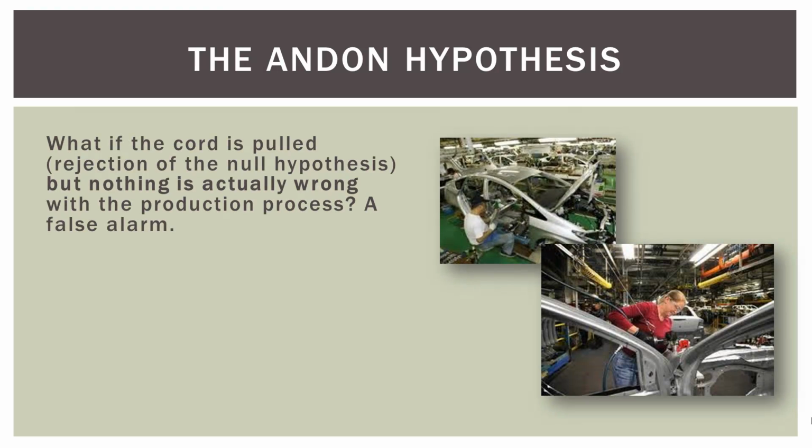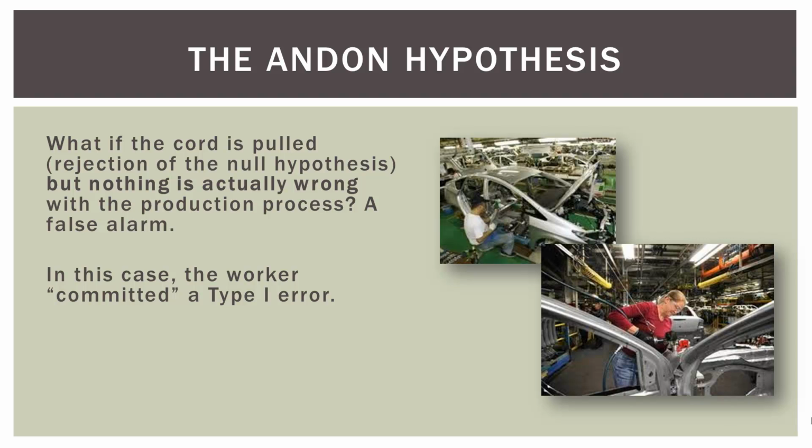Now, what if the cord is pulled, which is a rejection of the null hypothesis, but nothing is actually wrong with the production process? Again, this is sort of a false alarm situation. In this case, the worker, quote, committed a type 1 error.